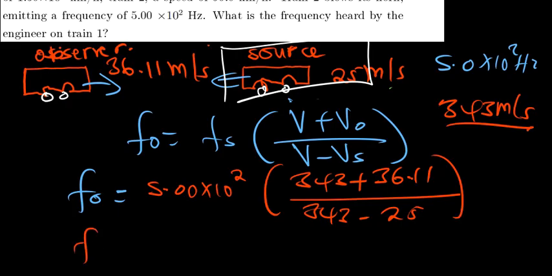So we'll say VO will be equal to 5.00 times 10 to the power 2. That is 500. So I'll put 500 here, open brackets. Then these two are supposed to be added.